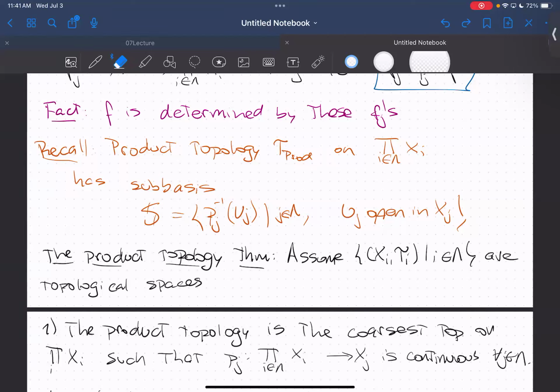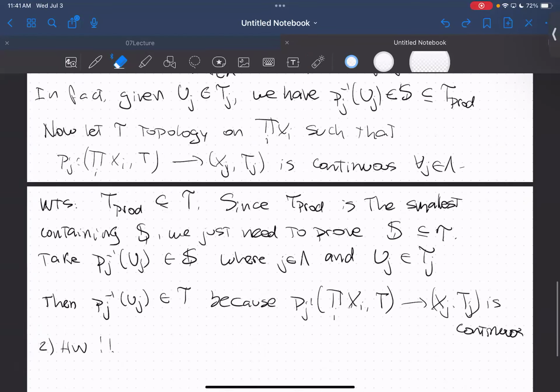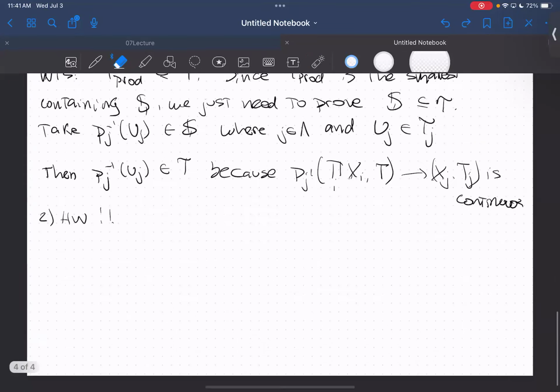Yeah. So we're just using that definition down there. What I'm using is if you're a topology containing S, then you contain the product topology. S is a subbasis for your topology. That's what we call the product topology. Okay. So 2 is homework.